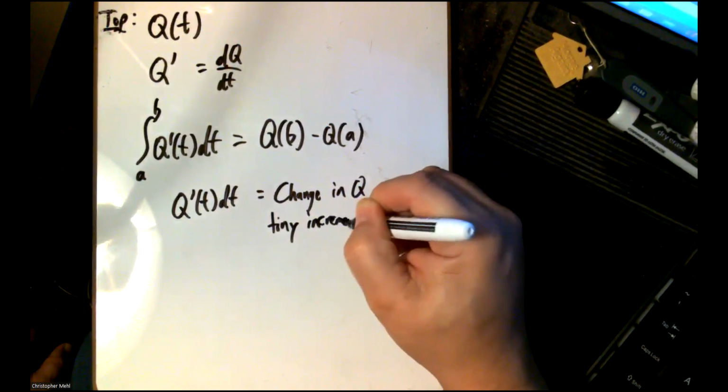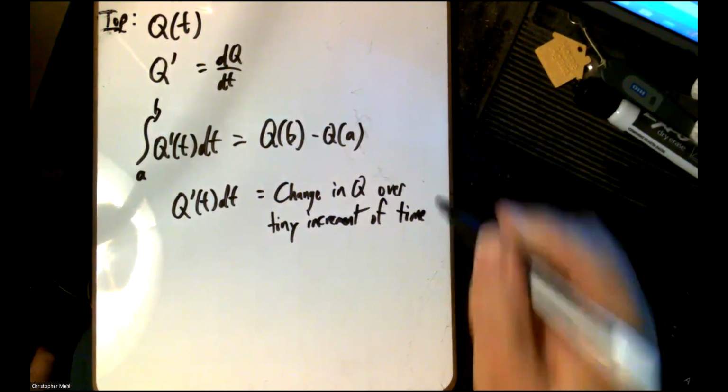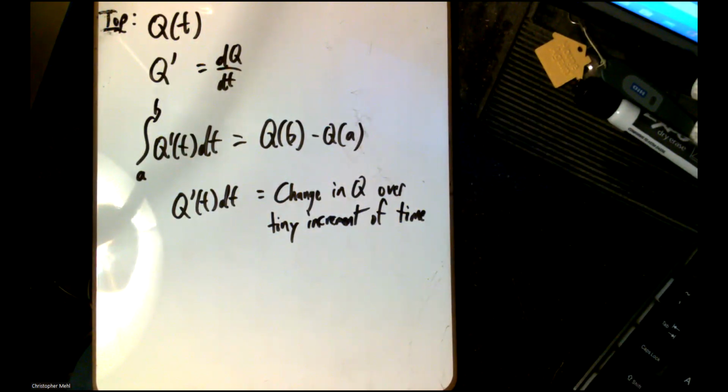And so what we're basically doing here is, if I have the change in Q over a tiny increment of time, integration says I'm just going to add up all of those tiny changes. Integrating Q prime accumulates or adds up those small changes over the interval AB, and the result is the net change in Q between t equals A and t equals B.